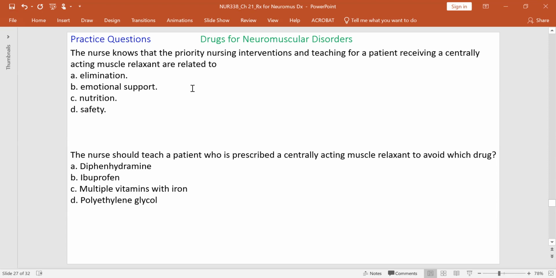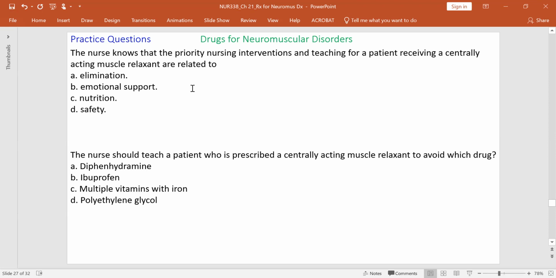So centrally acting muscle relaxants can produce generalized depression of the central nervous system, CNS. Drowsiness, dizziness, lightheadedness are very common from using these medications. So patients should be warned not to participate in hazardous activities, especially driving.